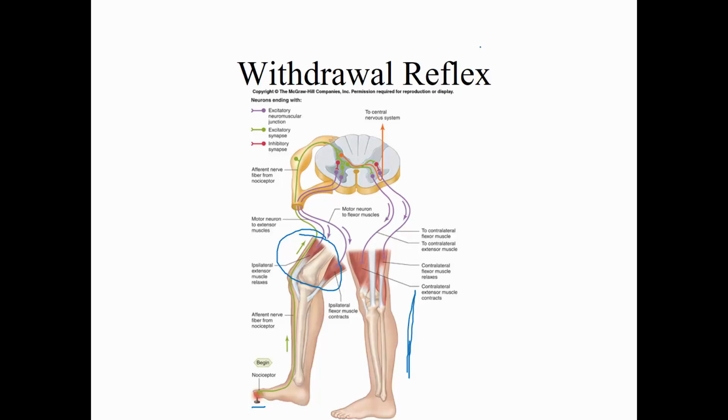Or I might even have a cross extensor where this leg would allow me to step away, so I'd extend away, while this leg is flexing. And I pull my leg away from the noxious stimulus.